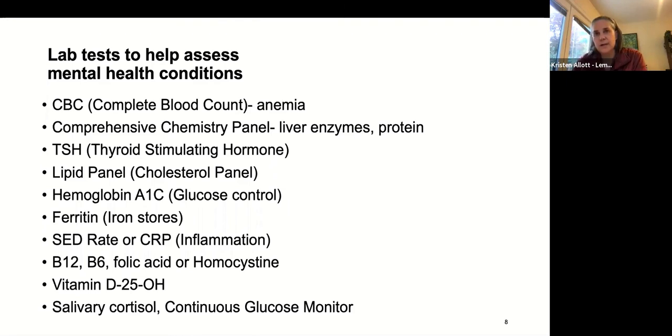But sometimes I've had people say that was the thing that helped me find the right practitioner, as I called around and asked if they did salivary cortisol tests. And knowing how to interpret that and what to do with that information helped them find the clinician that they wanted to work with.